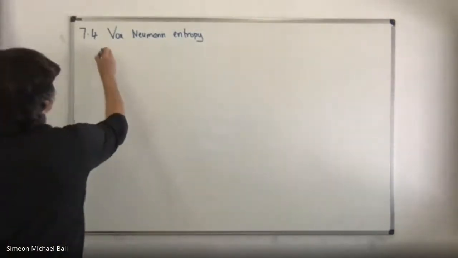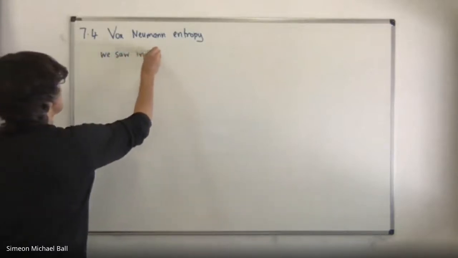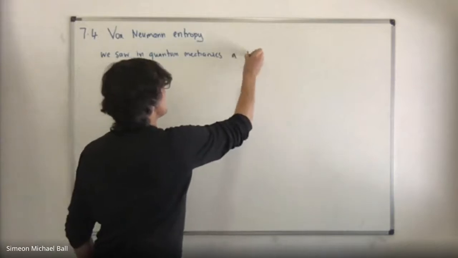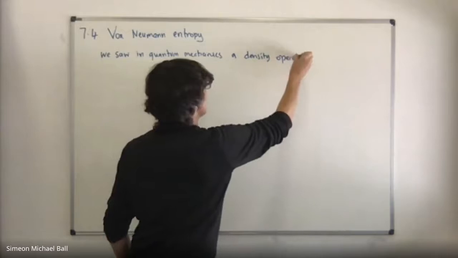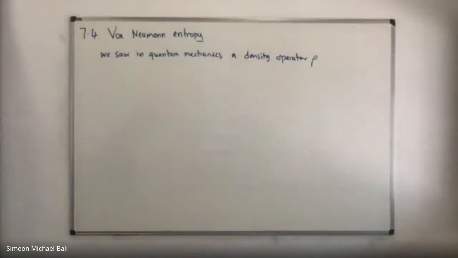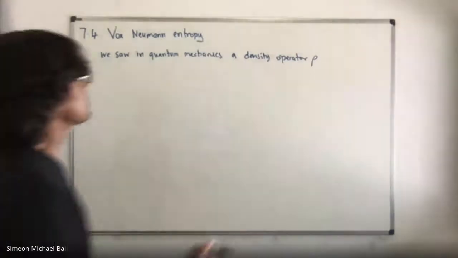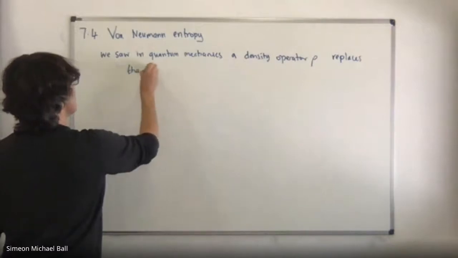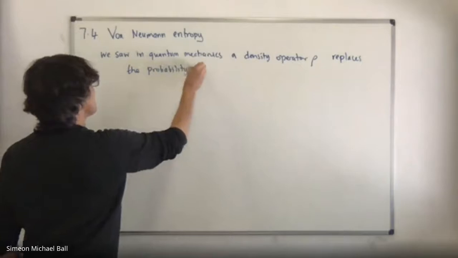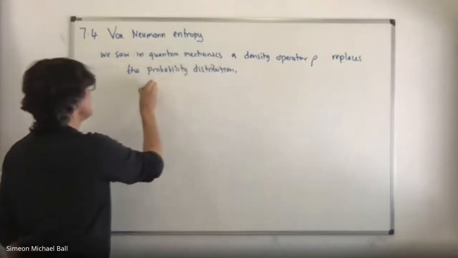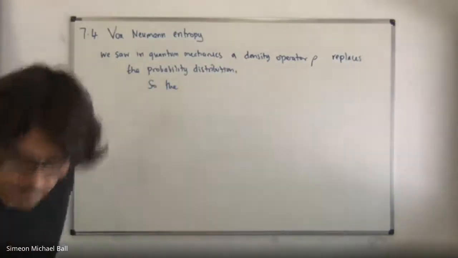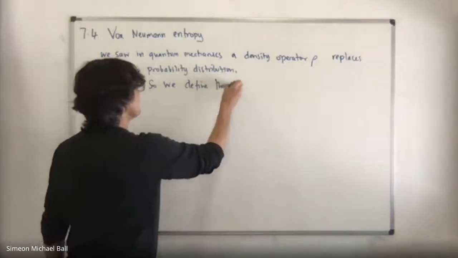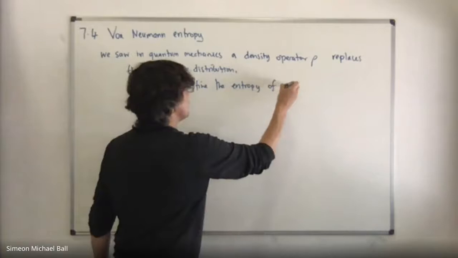So we already saw in quantum mechanics a density operator replaces the idea of a probability distribution. So we define the entropy of a density operator.